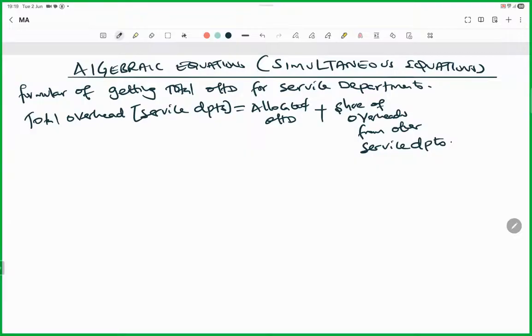So anytime they want us to get total overhead for any service department, we should always take the allocated overhead plus share of overheads from other service departments. Once I understand this, then I'm at home.